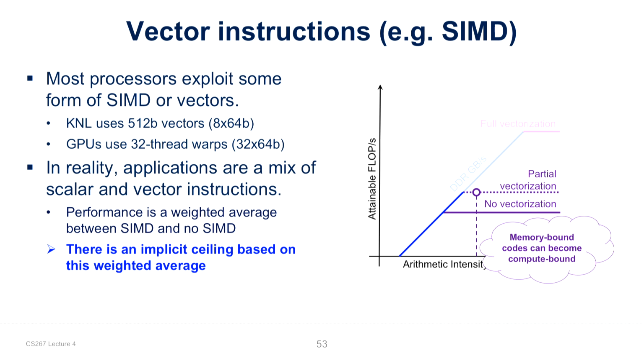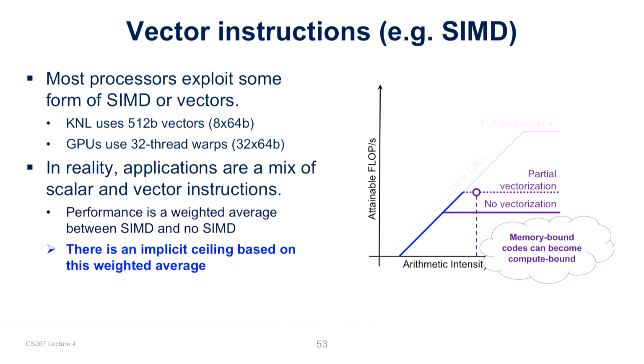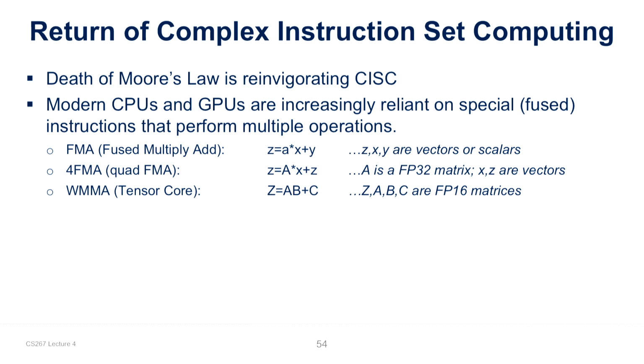So for example, if only half of your floating point instructions are vector arithmetic, you're going to be at half of the peak in terms of the mixture of instructions.